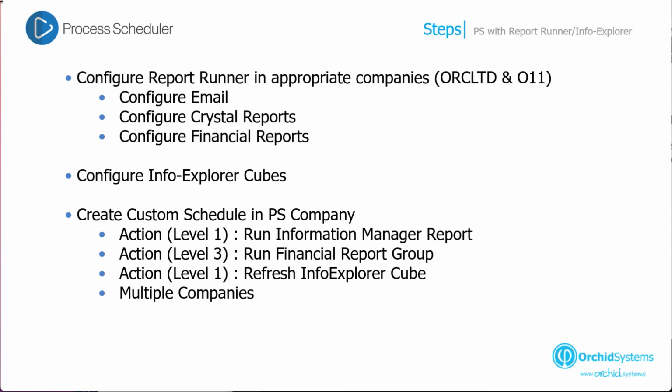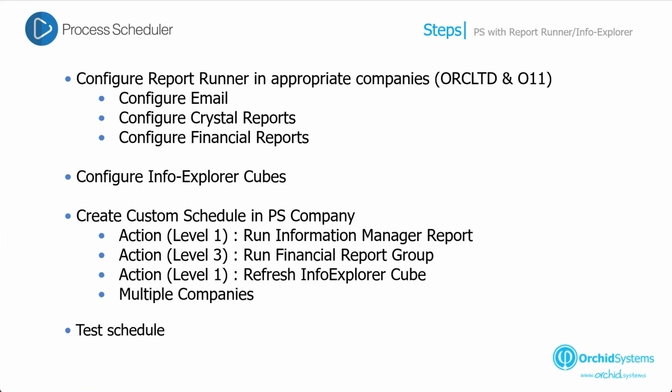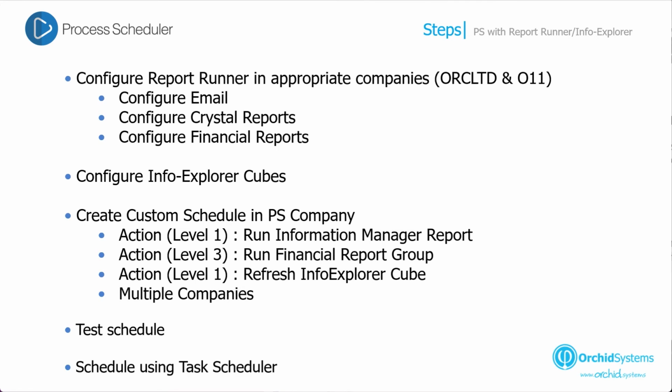A level 3 action, run financial report group, which will run the nominated financial report group and email and save as requested. And a level 1 action to refresh the Info Explorer cube. And we're going to have a look at this running in multiple companies, Orc Ltd and O11. Then we're going to test the schedule and schedule using the Windows Task Scheduler.